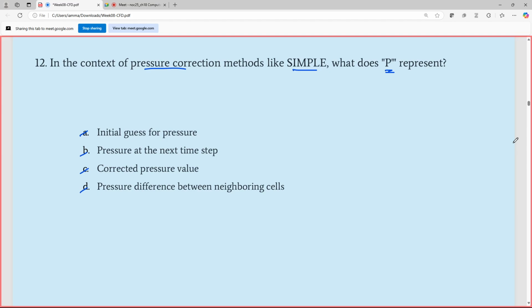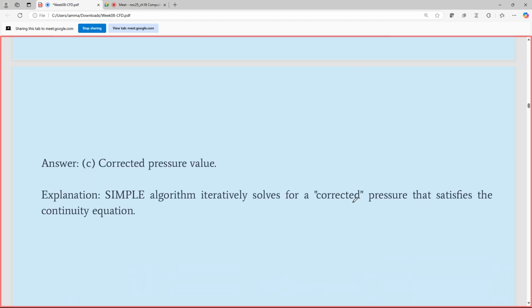Okay, our answer is option C, corrected pressure value.